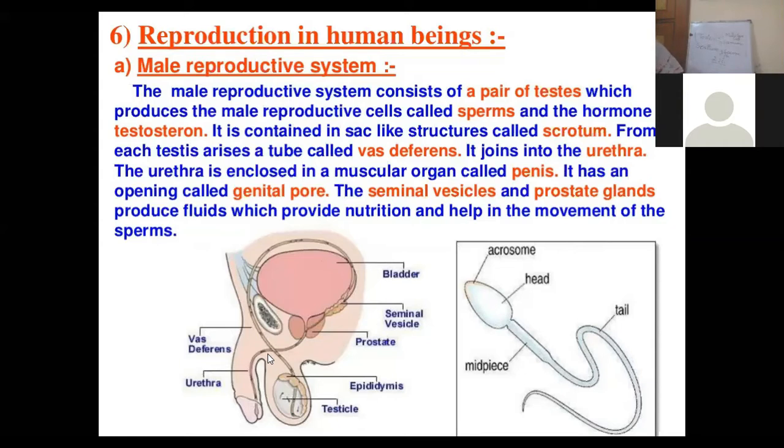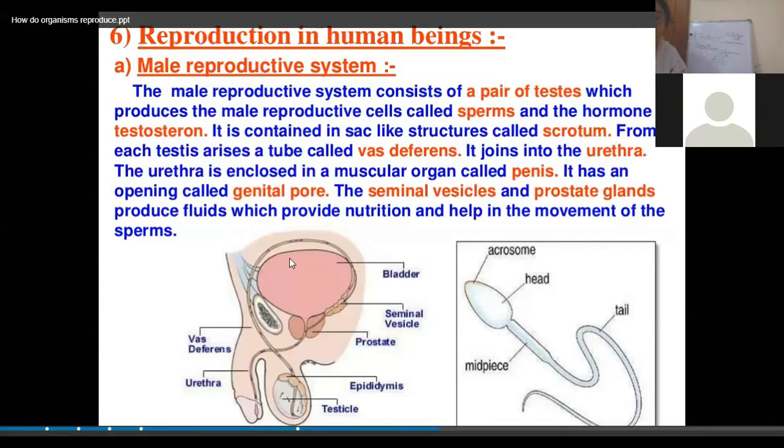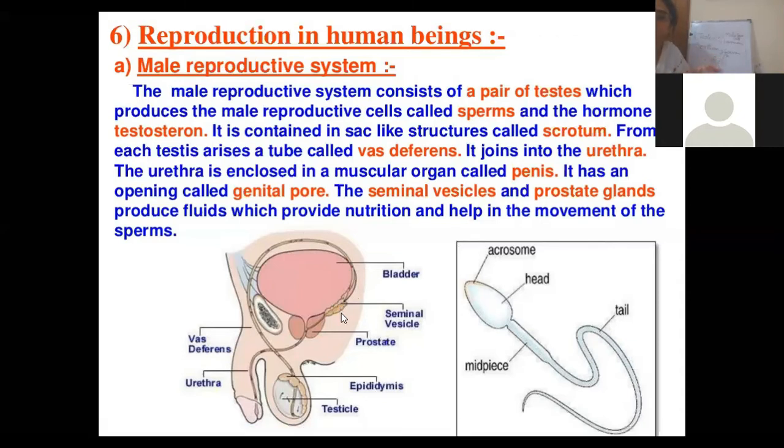Here you can see there are certain glands along the vas deferens. There are two glands. One is the seminal vesicle gland, which produces a secretion, and they ultimately drain their secretion into the vas deferens.